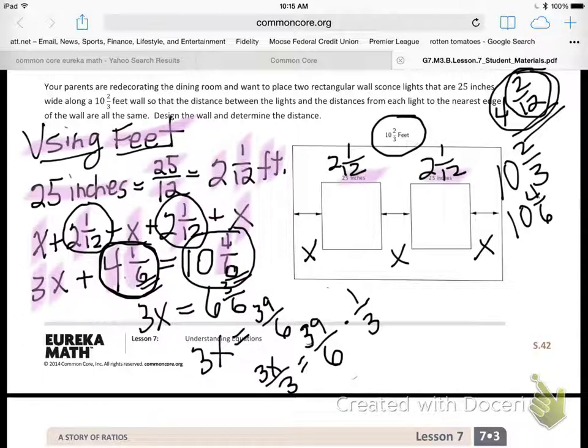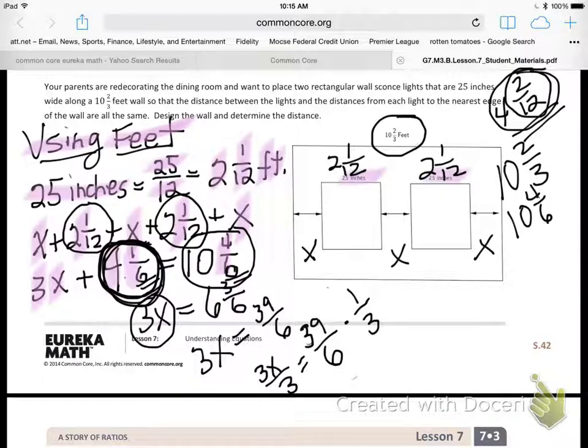Again, we get rid of the 4 and 1/6 here, trying to isolate x on the left side. If we subtract it away from there, we're left with 3x.